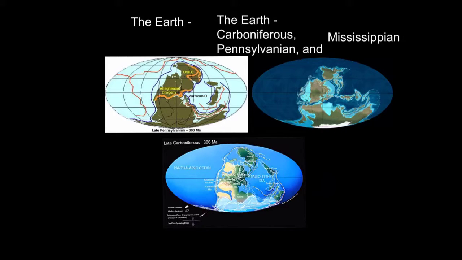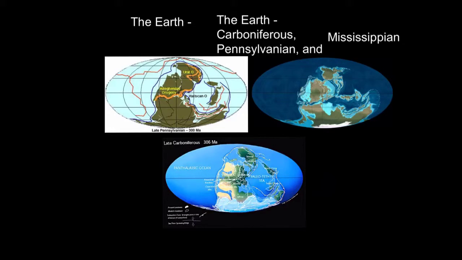So yeah, this is a big one. As you can see, I have 3 pictures to show you this time, because it's the Earth in the Carboniferous, Pennsylvanian, and Mississippian periods. And I did this because it was labeled the Carboniferous period when I looked at this, but I realized that I should probably look at these a little bit closer.